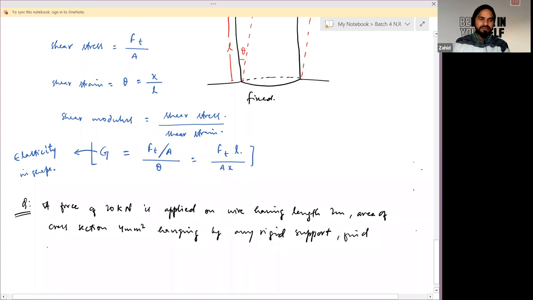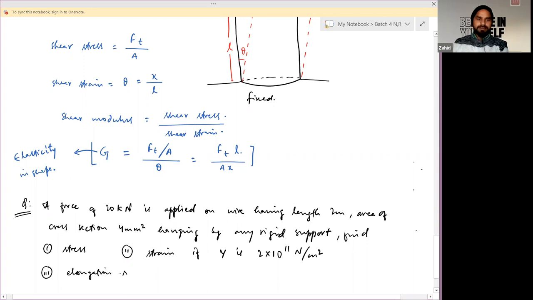Find first amount of stress, second amount of strain if Young's modulus is 2 into 10 raised to power 11 Newton per meter squared. And third is elongation, that is delta L.